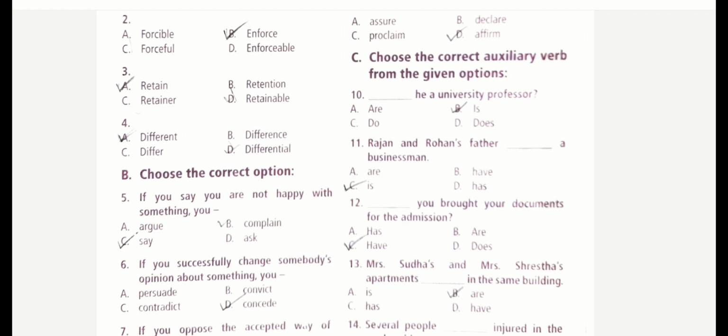The present perfect tense is used to indicate actions that started in the past but have a connection to the present. So here have is the auxiliary verb used in the present perfect tense. The sentence is asking if the person has brought their document, indicating a completed action with relevance to the present. Okay, so the correct answer is C, have.